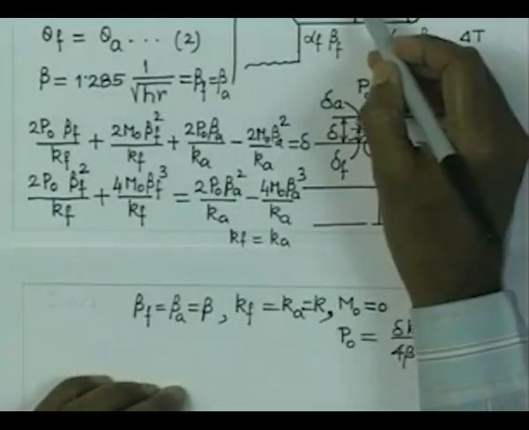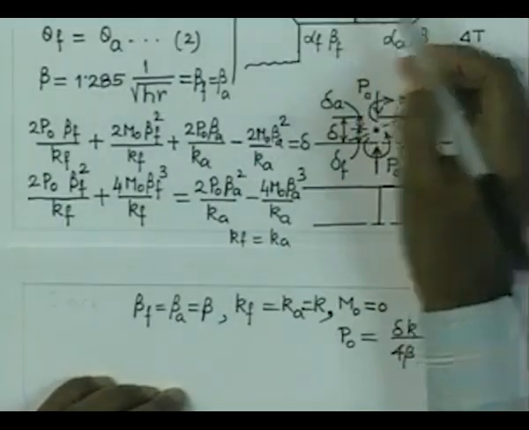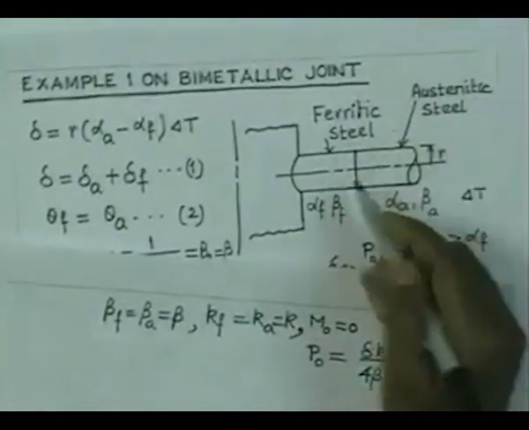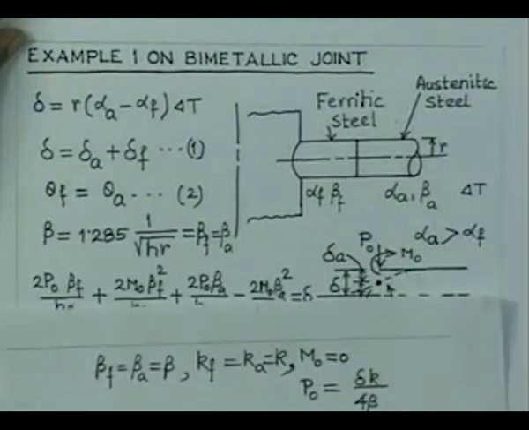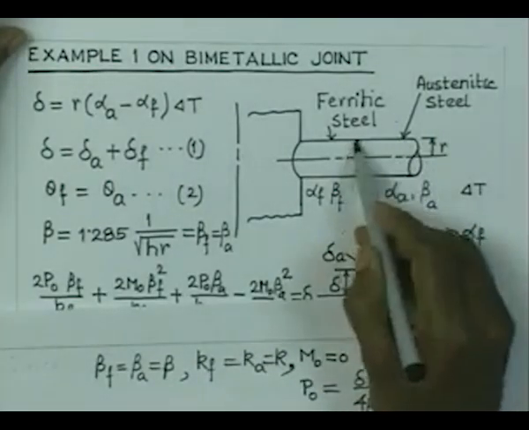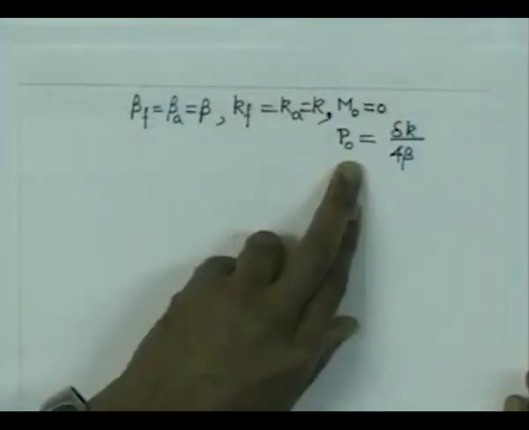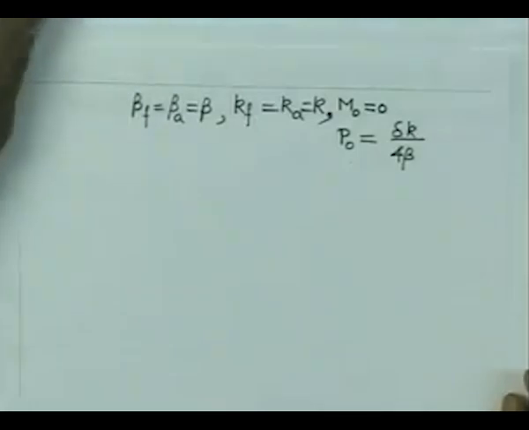So, you can calculate the stresses in the circumferential and axial direction at this junction. Once you know this value of P0, you can calculate the stresses over this segment also. Once you get the value of P0, it is a question of just writing the expression for y and Mx, and then going back to the expressions which you have already shown here.